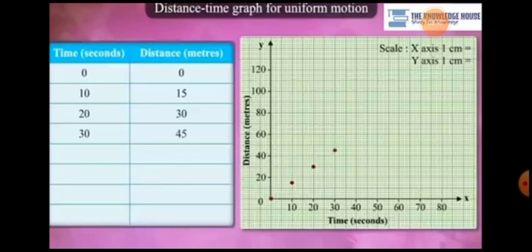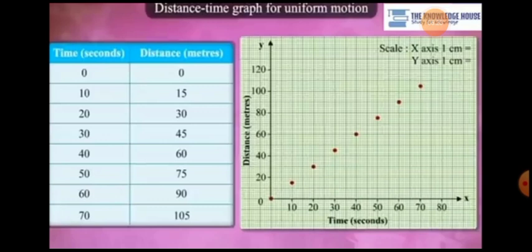Time in seconds 40, distance in meters 60. Time in seconds 50, distance in meters 75. Time in seconds 60, distance in meters 90. Time in seconds 70, distance in meters 105.